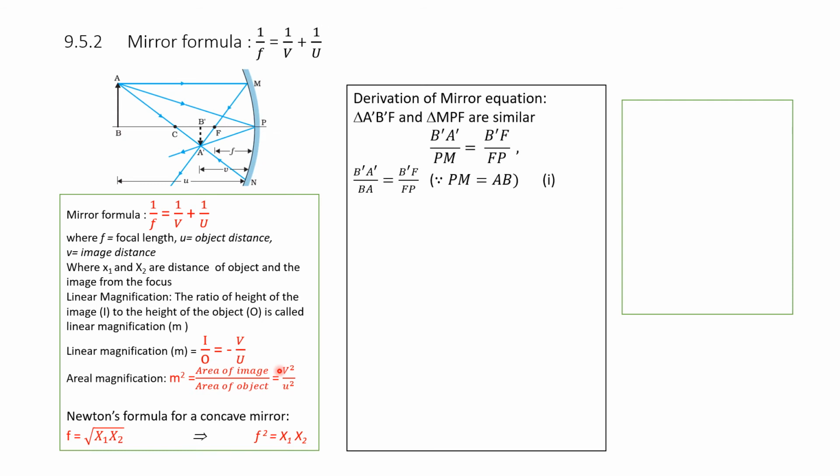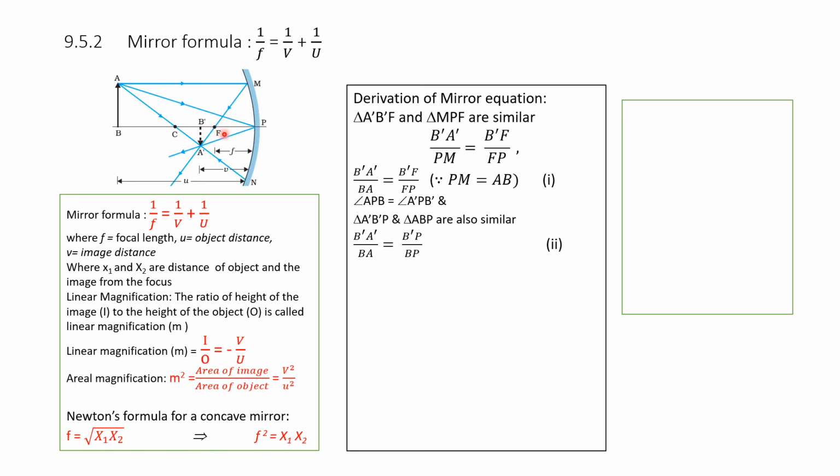Derivation of the mirror equation. Consider triangle A dash B dash F, this small triangle, and triangle MPF. Approximately, we are considering MP as a straight line. Here B dash A dash divided by PM is equal to B dash F by FP, because both the triangles are similar.